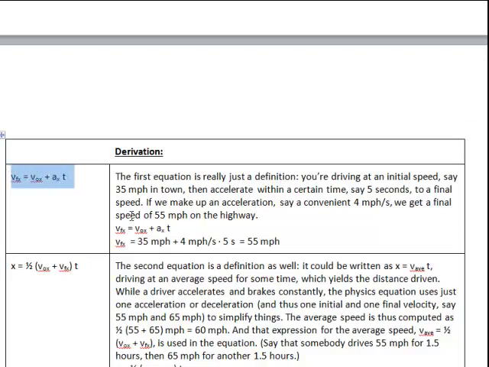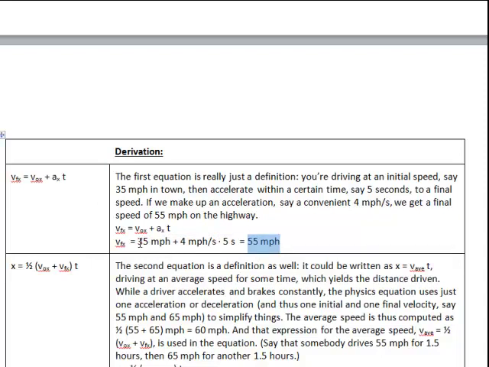This one here, what I call the first equation, the final velocity equals initial velocity or speed plus acceleration times time, simply is you're going down the highway and you're driving 35 miles an hour, and then you accelerate for 5 seconds at a certain acceleration, 4 miles per hour per second, and so you come up with a final speed of 35 plus 4 times 5 equals 55 miles an hour.